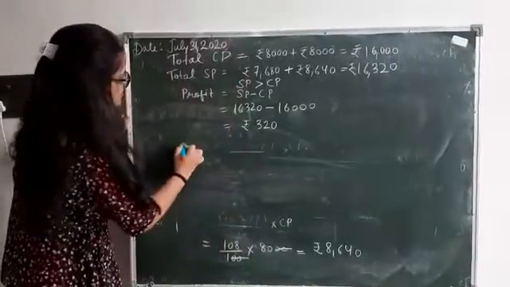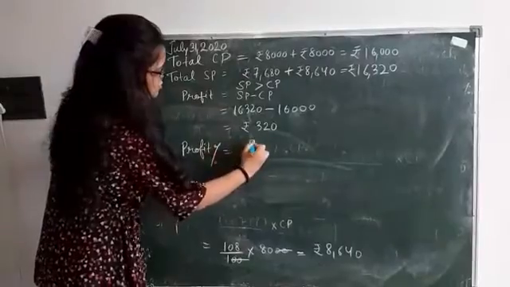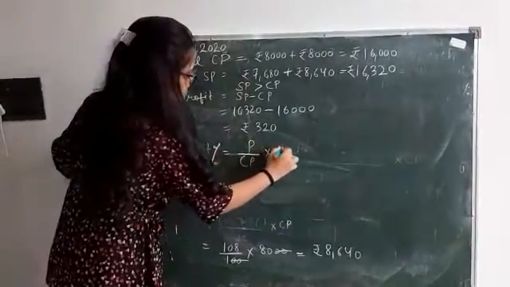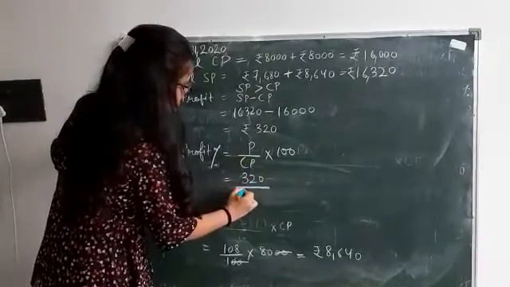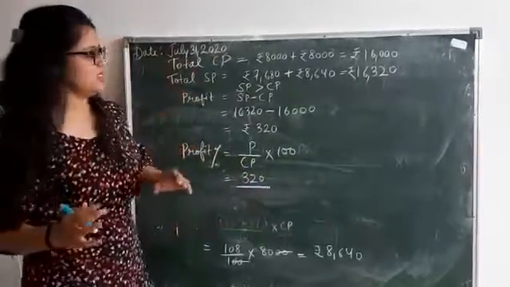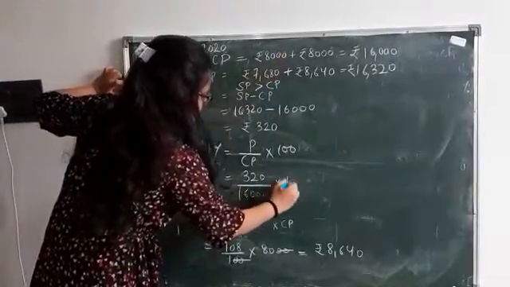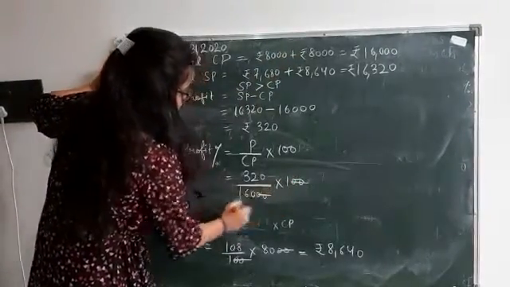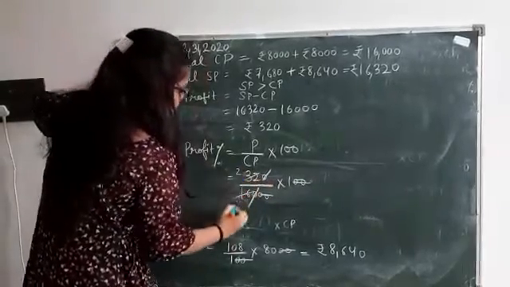Let's find out profit percent. So profit percent is equals to profit upon CP multiplied by 100. Profit is 320. CP means the total CP, and total CP is 16,000 multiplied by 100. Two zeros cancelled, then this zero cancelled, and 16 twos are 32.